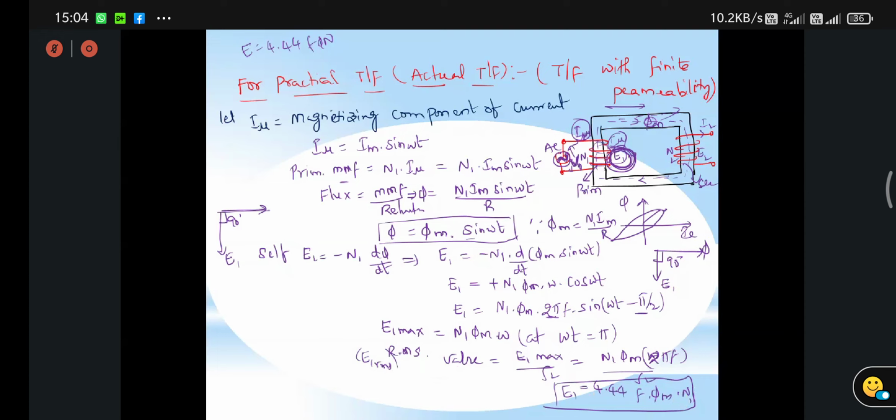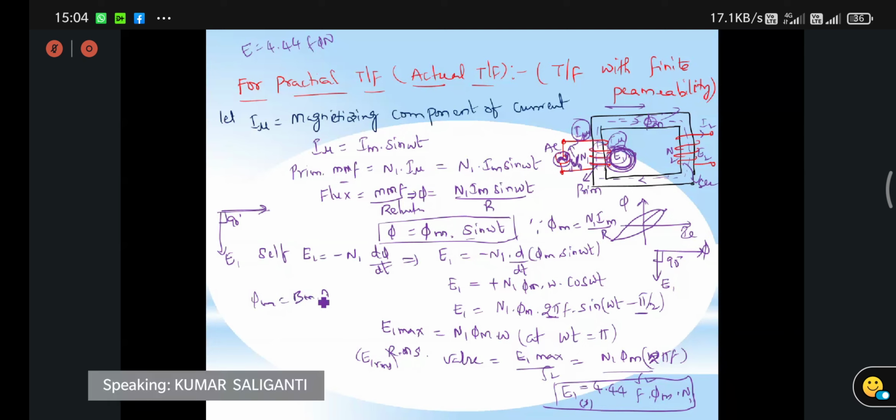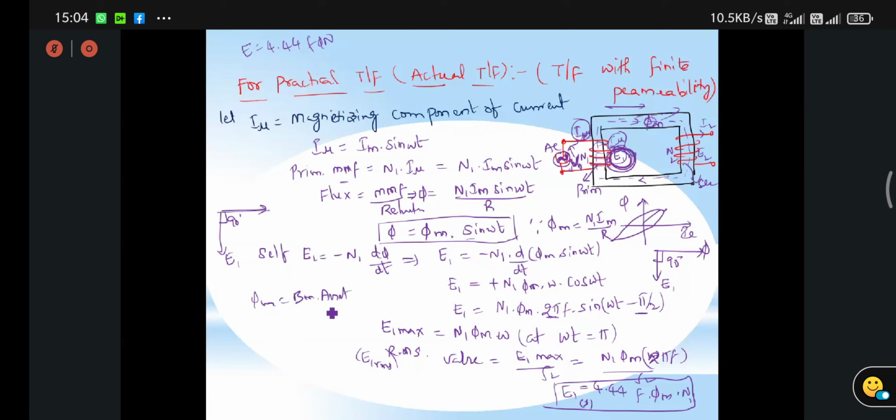Have we understood, dear students? This E1 RMS represents the RMS value of the transformer EMF. For a practical transformer, phi m equals Bm into A, where A is the net cross-sectional area, so E1 is 4.44 f phi m N1.